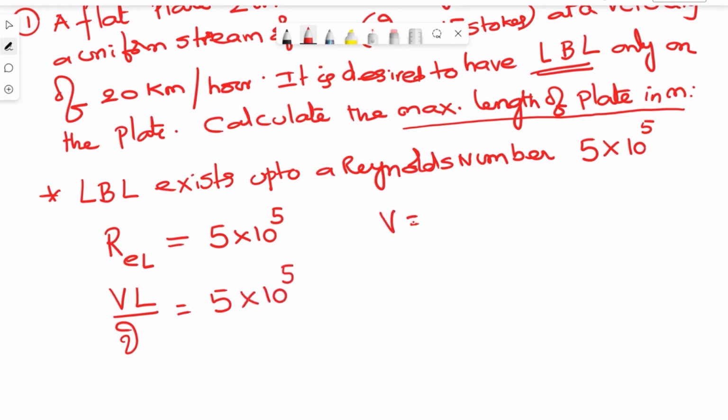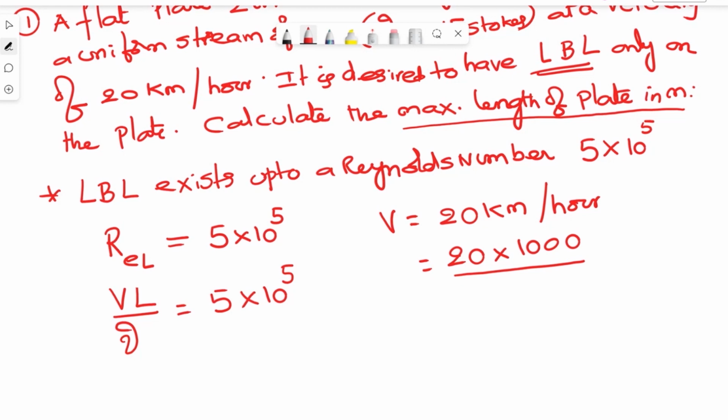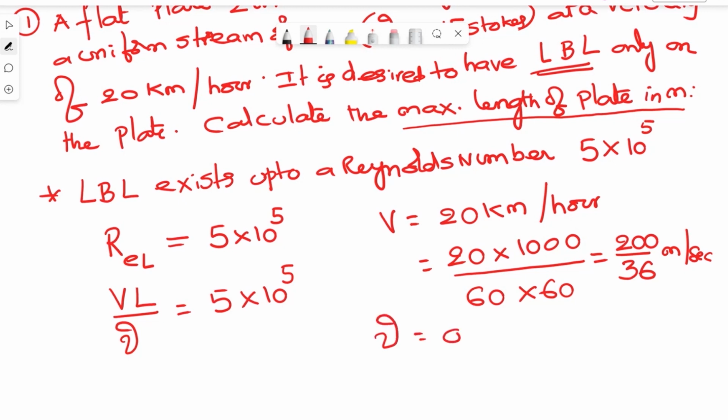Then what is V? He has given 20 kilometers per hour. That means 20 into 1000 meters per hour; converting to per second, per hour to per minute 60, per minute to per second 60. Simplifying, it is 200 by 36 meters per second. Kinematic viscosity he has given 0.15 Stokes, that means 0.15 into 10 to the power of minus 4 meter square per second.